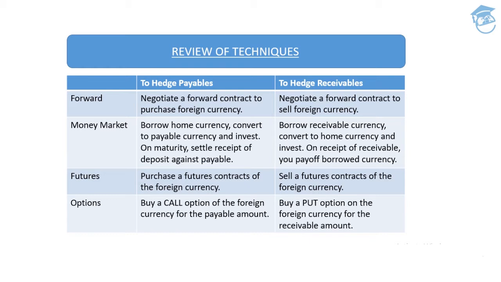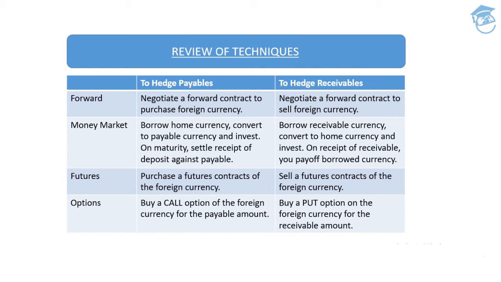Those $480 that I borrowed from the bank, I converted and invested. On the final day, 2 months later, I'll be receiving the receivable, and with that amount I'll pay off my borrowed currency. That's what's going to happen in case of hedging of receivables.